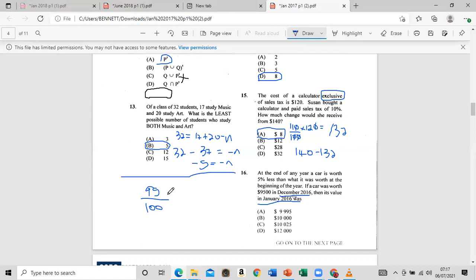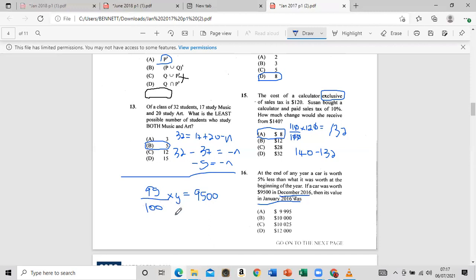So in January it was 100%, and now it's 95%, and that was worth 9,500.